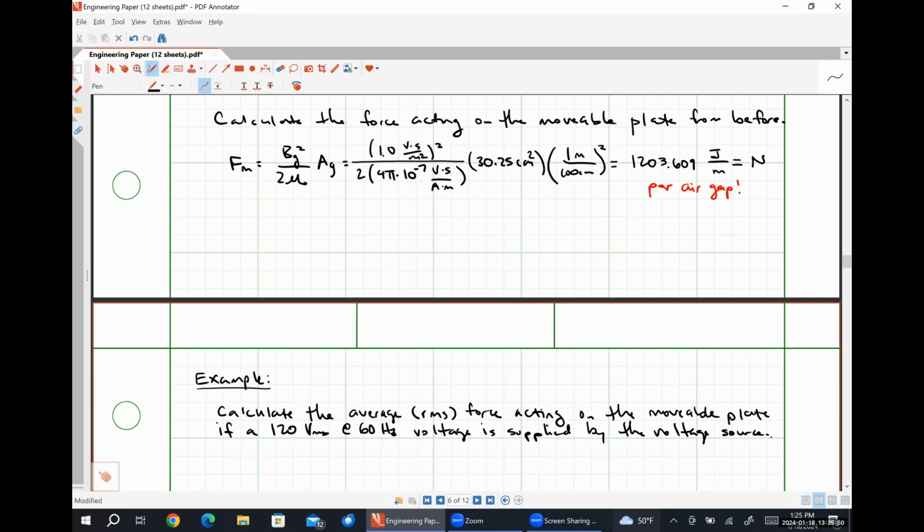Now, all of the other conditions are the same, right? Our gap length is still 5 millimeters, but I want to see what happens if instead of applying a DC voltage, we apply an AC voltage that's comparable in size, right? So 133 volts DC and 120 volts RMS, they're not the same, but it's fairly close. Okay.